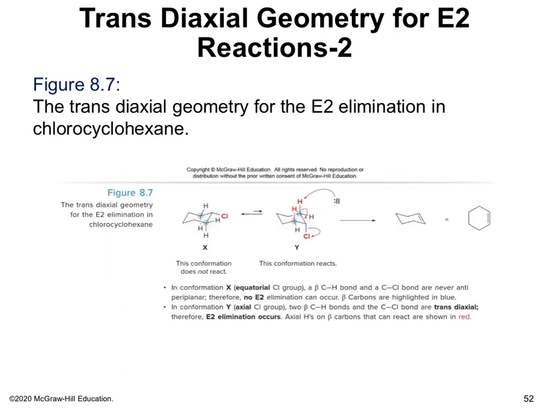So here they're showing you in this book that you need to put your leaving group in the diaxial position. So this is axial, and then you look at your beta hydrogen. And so you can see the base takes the hydrogen. It will do a ring flip to get you in the right conformation for the E2 elimination to occur.